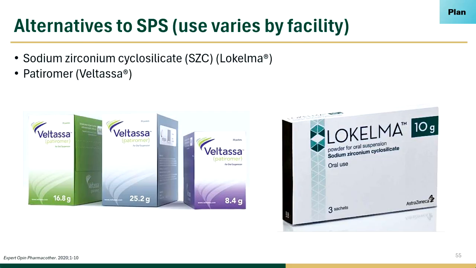So that's a trade-off between the cost of them and the consequences or side effects of them. So one is sodium zirconium cyclosilicate, sorry, and that is SZC or Lokelma. Again, low K, lower potassium. Or patiromer is the other one, and the brand name of that one is Veltassa.